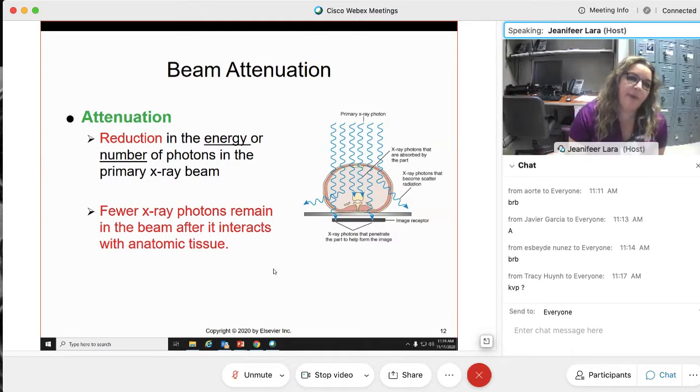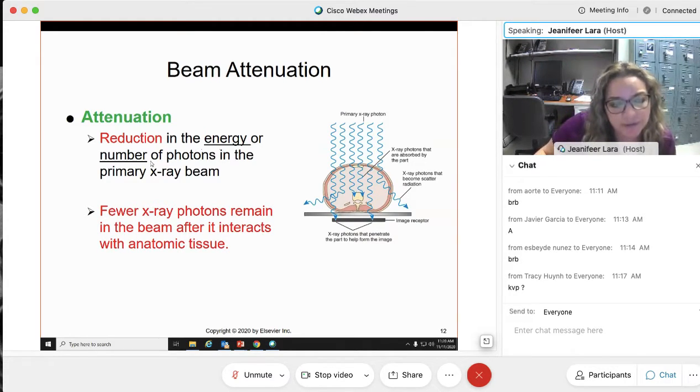Oh my God, no questions? I am doing so good. All right, so let's go back again. Beam attenuation. Well, we know that we're reducing the energy and the quantity of the beam. We know that this is the definition, the reduction in energy or number of photons. And you sit there and you say, well, okay, how so?